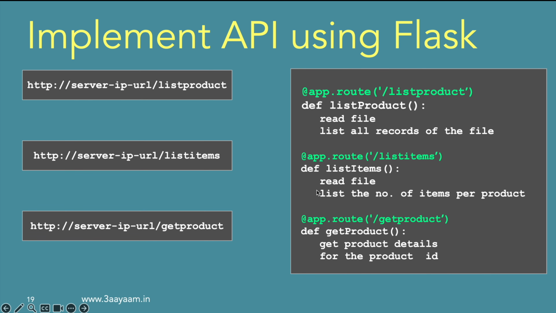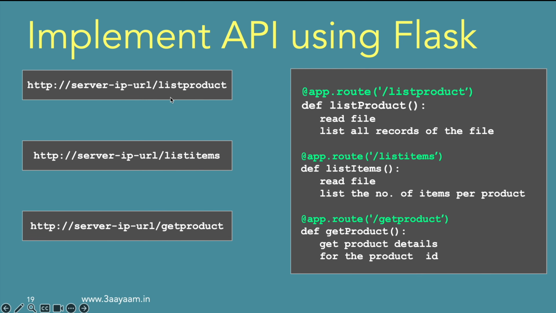List items will again read the file, list the number of items per product, and get product will get the product details for the product ID. And these are the endpoints or the resources or the services or the URLs or the APIs, whatever you might want to call it. The first one is slash list product.